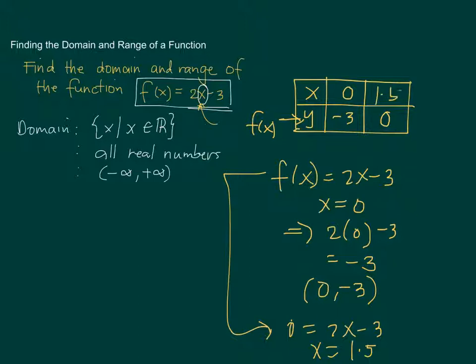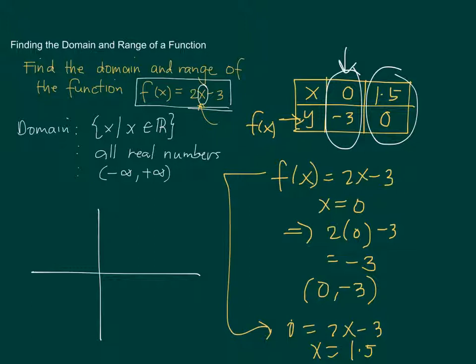So this is 1.5. So if I graph the function, I should be crossing the 2 points 0, negative 3 and 1.5, 0. If you are familiar with this, these points are actually the x and y intercepts. It is where the graph will cross the x-axis and the y-axis. So the graph will cross the y-axis at negative 3, and the x-intercept will be at 1.5.